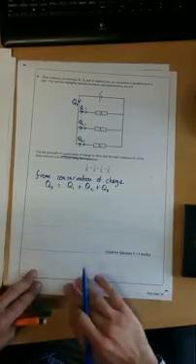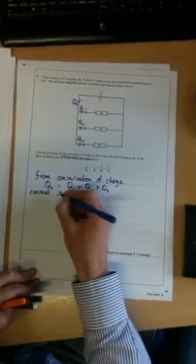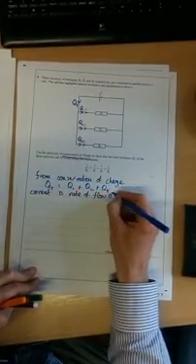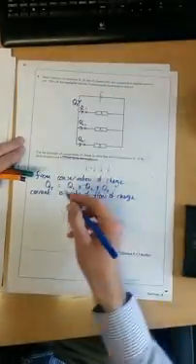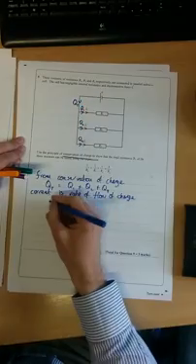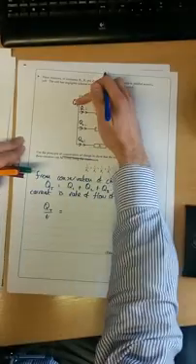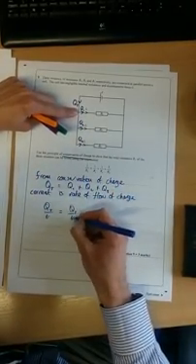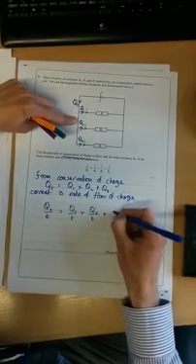Now we know that current is the rate of flow of charge. So if we have so much charge per second coming in, the amount of charge per second going in up here must equal the amount of charge per second coming out of all 3 of these things.